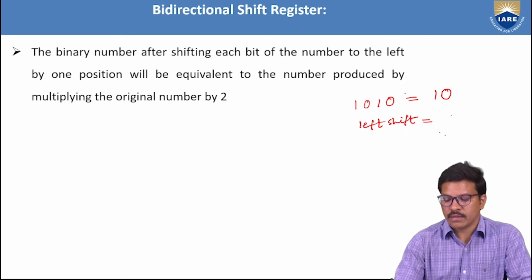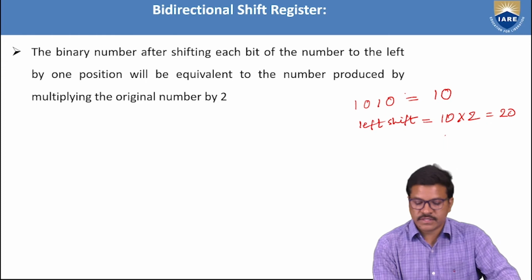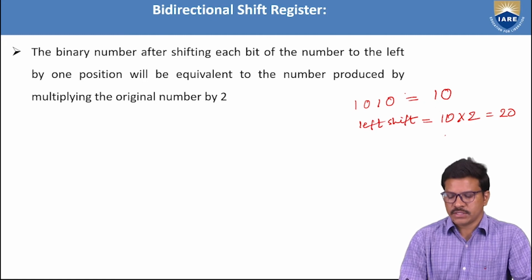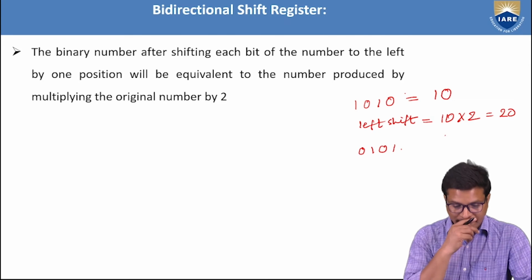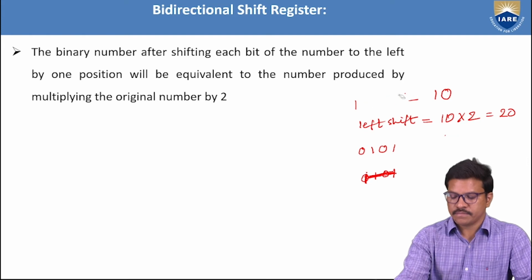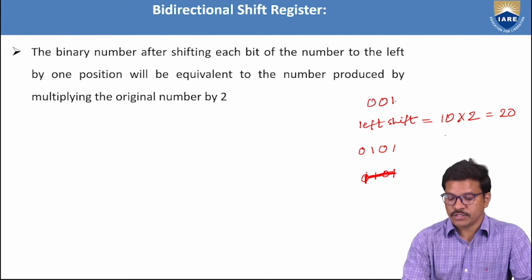10 becomes 20. Let me take a simple number, 0010, which is equal to 2 in decimal.